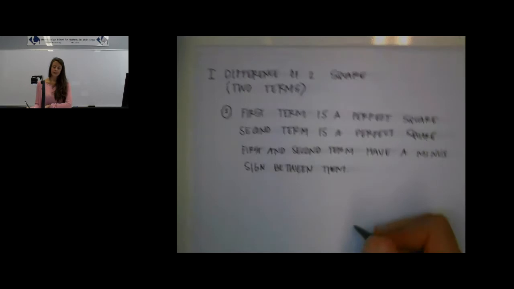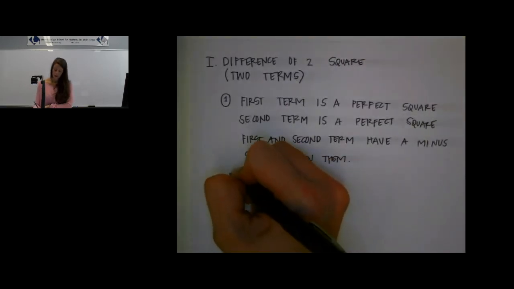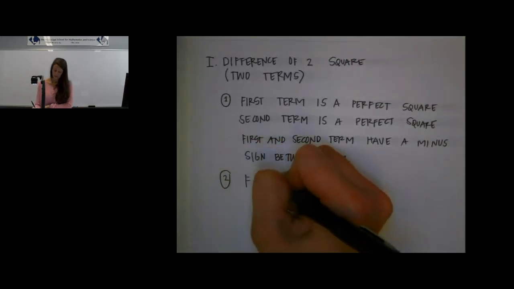So that makes it a difference of two squares. Then you will factor using this rule.